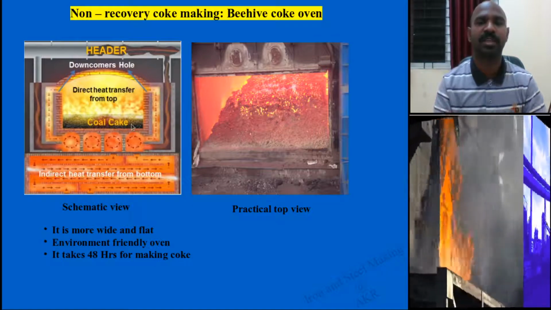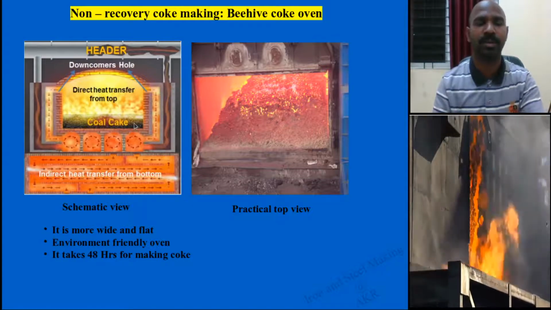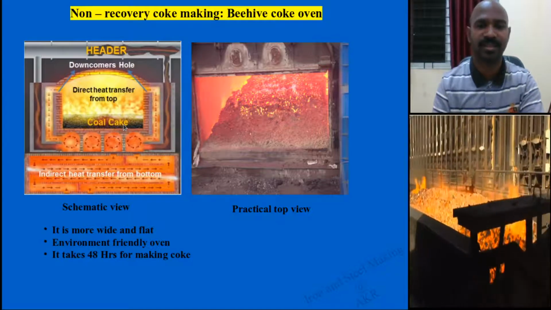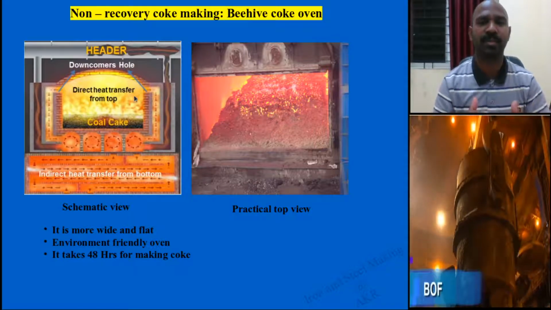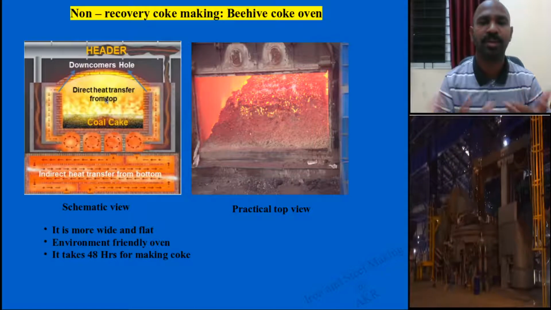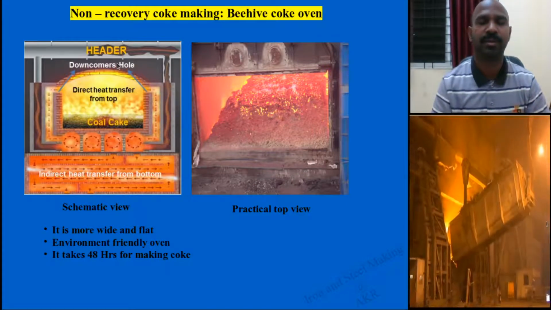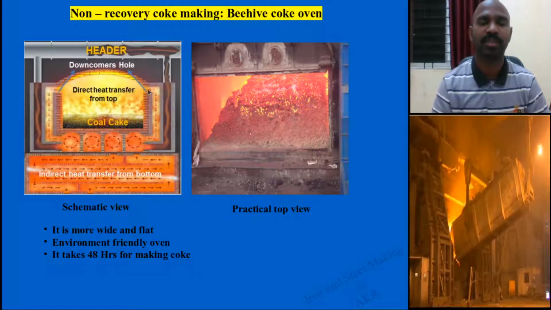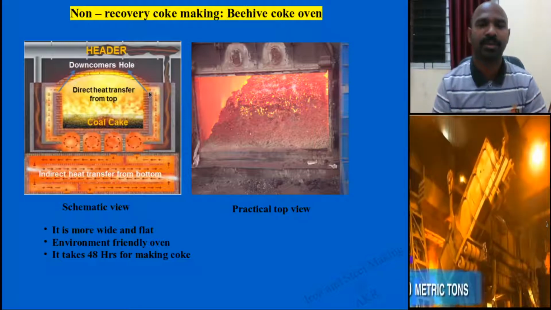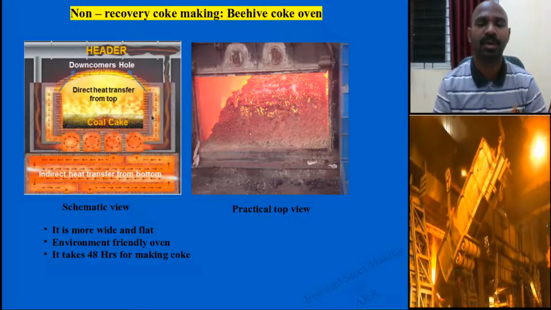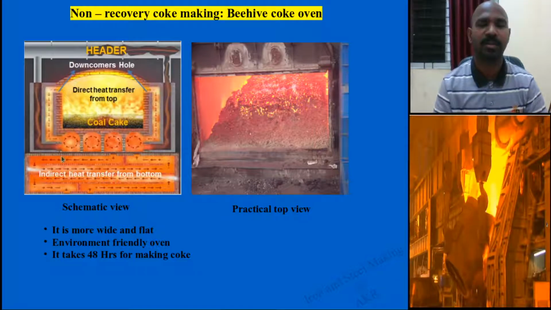The bottom is where the coal cake is formed, which is nothing but coke, and the heat transfer is directly going to the top, and from the downcomers you are sending these particular reducing gases which evolved, which are passed to these particular refractory bricks.